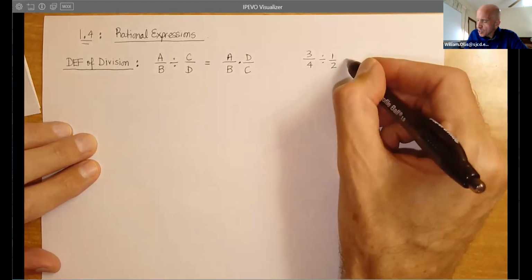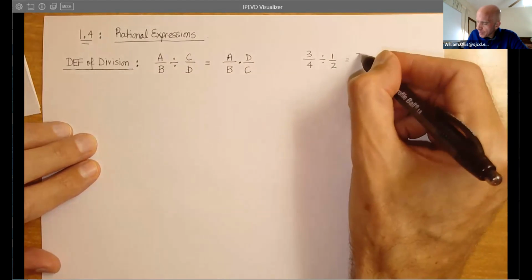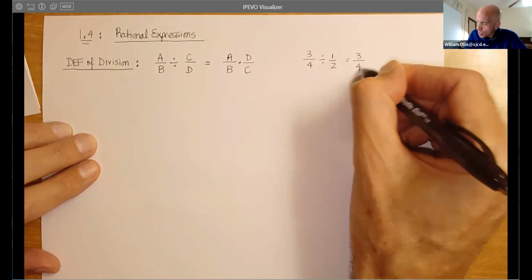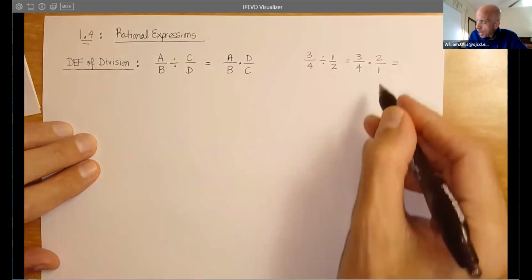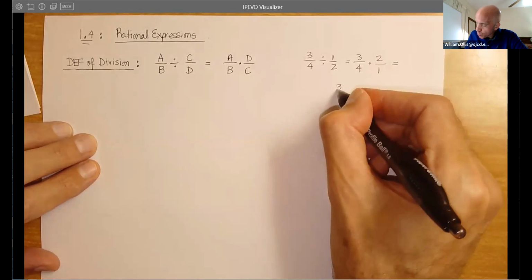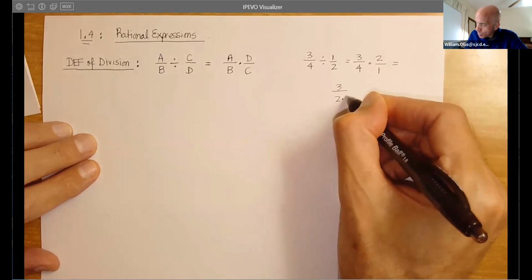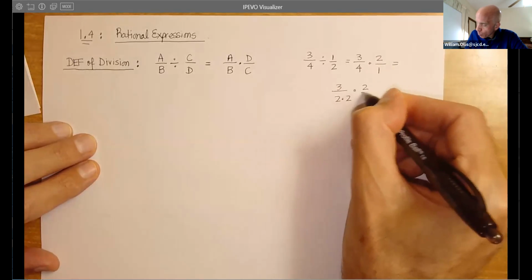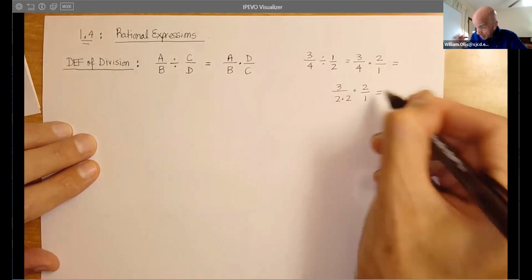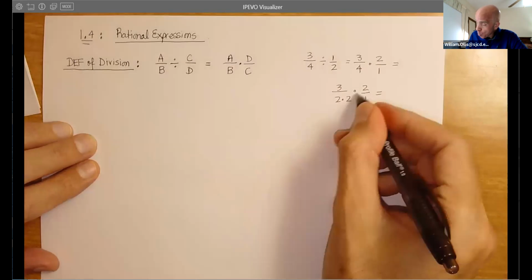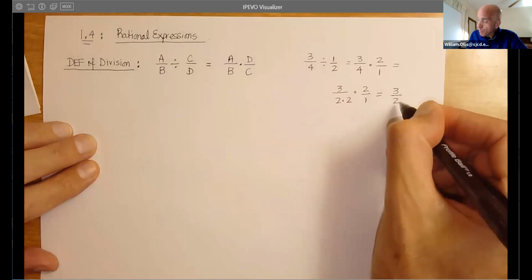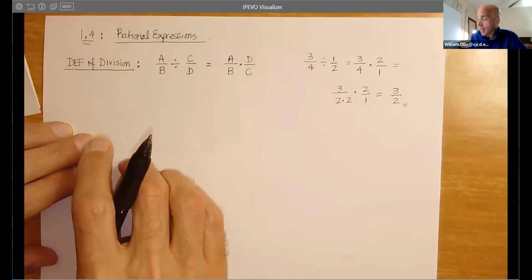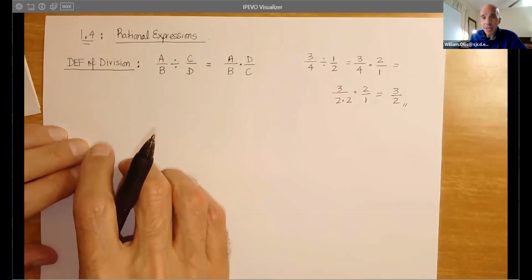We can't do that unless we think in terms of the definition. So this is 3/4 times 2 over 1. And now, of course, we can think of this as 2 times 2 times 2 over 1. These two of the 2's absorb, and we're left with 3/2. So if you divide 3/4 by 1/2, you get a larger number.